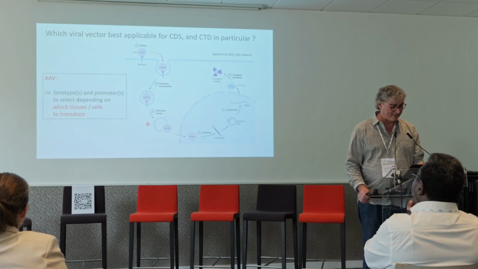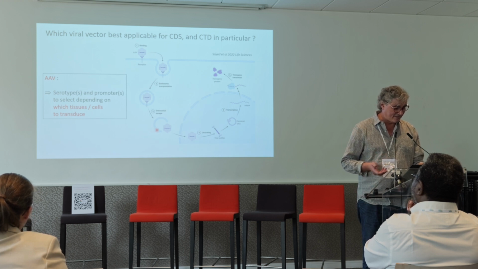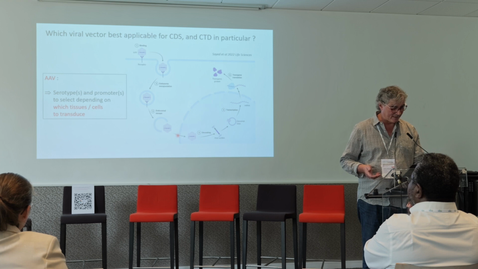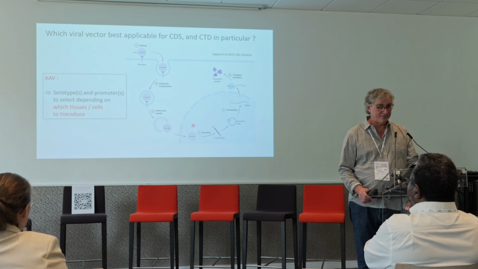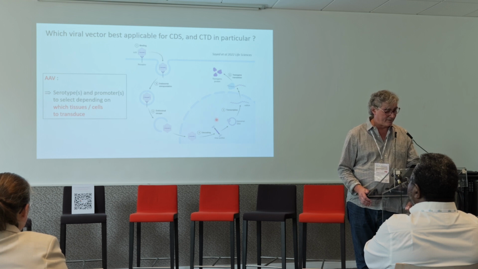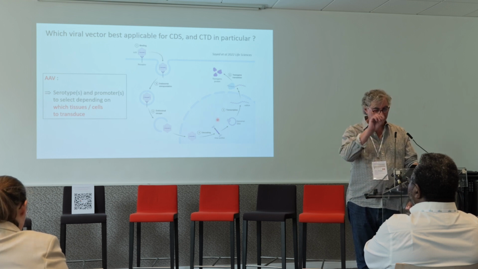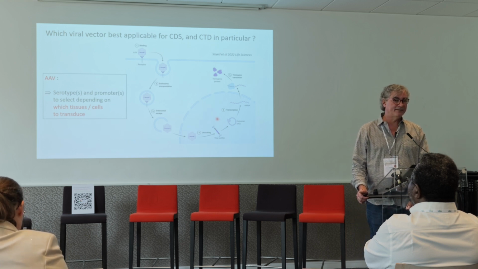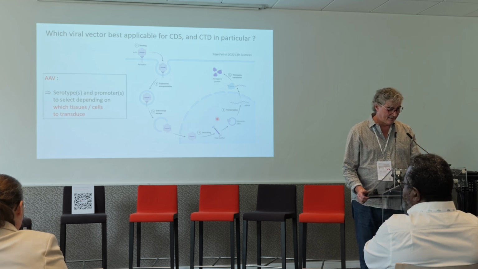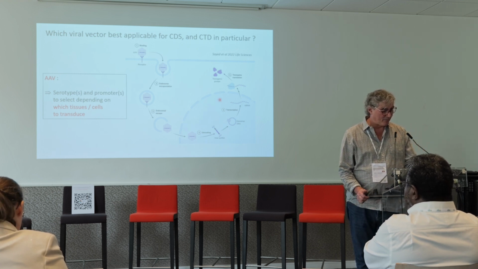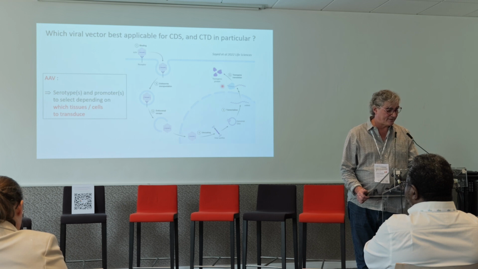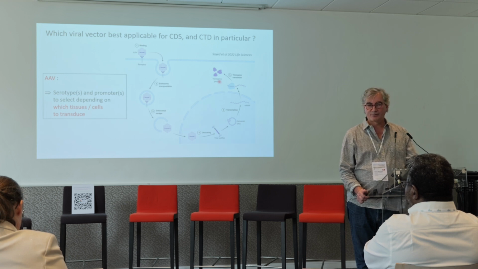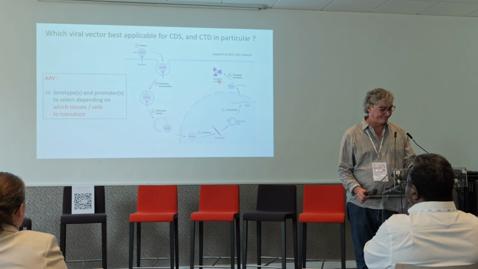Somewhere in the cells, the virus will be delivered. It will be deconstructed, let's say, and its genetic material will go into the nucleus, where it will be, for the AAV, transformed into what we call an episome. It's a kind of circle of DNA that will be able to transcribe the correct genes that we want to transduce. So this will make mRNA molecules that will go out of the nucleus and be translated into the correct protein inside the cells.